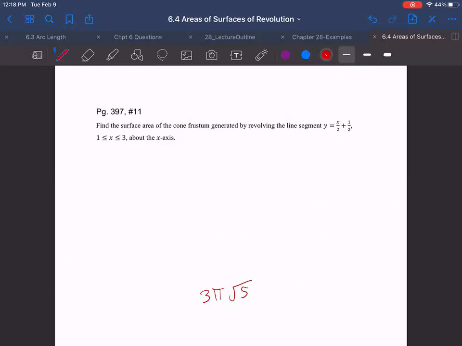All right. Y'all need this problem still up on the screen? Okay.